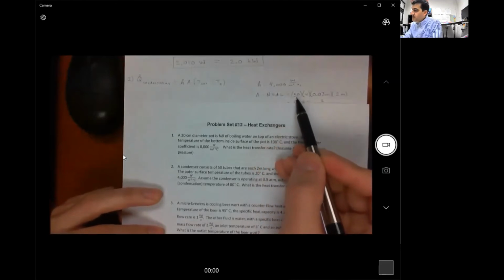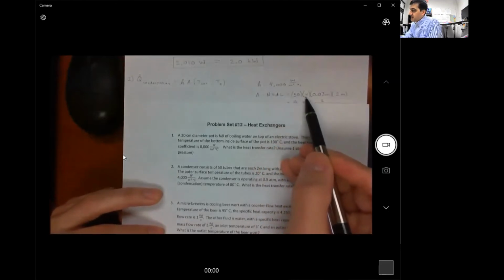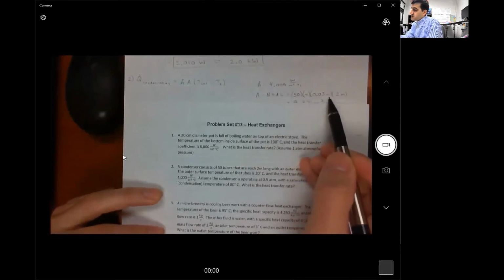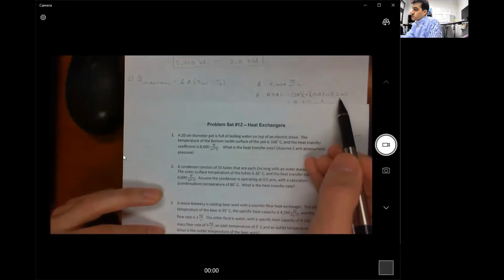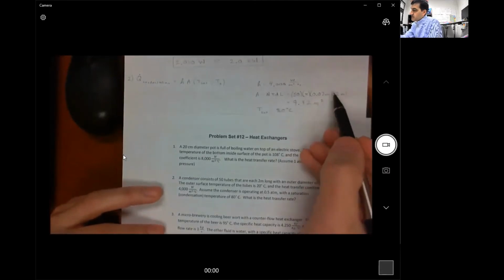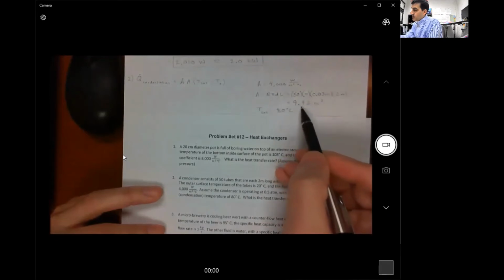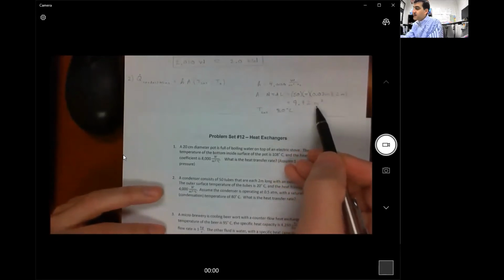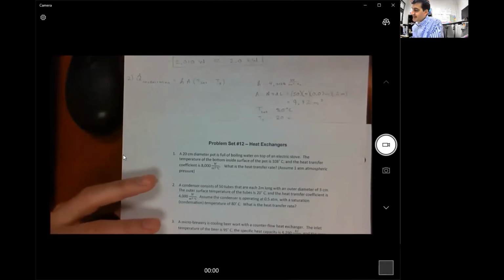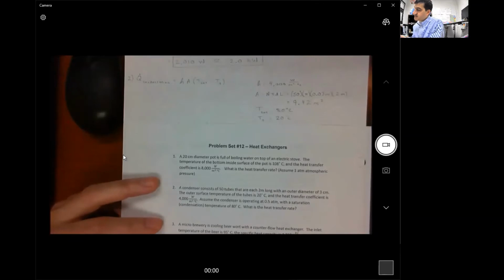So we know there are 50 tubes, pi is a constant, the diameter is 0.03 meters, and the length is 2 meters. And so you plug that in and keep your units, and that turns out to be 9.42 meters squared. That's for all of the tubes in the condenser. We're told that the saturation temperature is 80 degrees Celsius and the surface temperature of the tubes is 20 degrees Celsius.